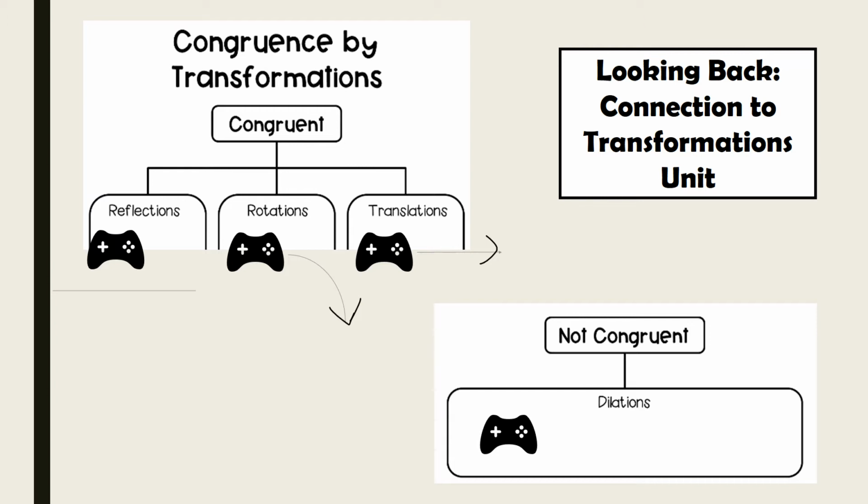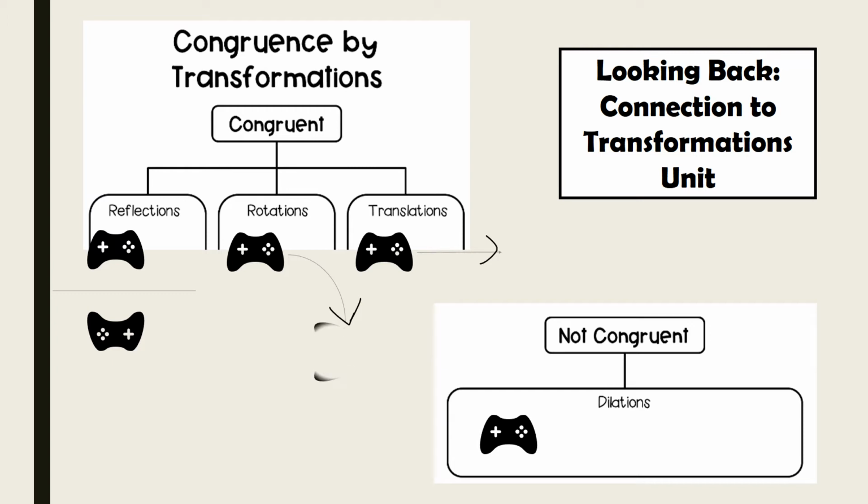So, connecting this to the last unit that we were in, we have got reflections, rotations, and translations, which all change the location of a shape, but not the shape, size, or how it's shaped. So a reflection would be, that game controller is reflected over the line, but it's still the same shape and size.